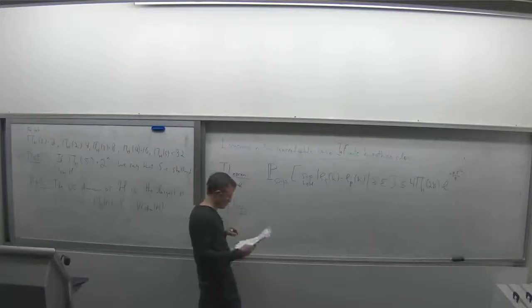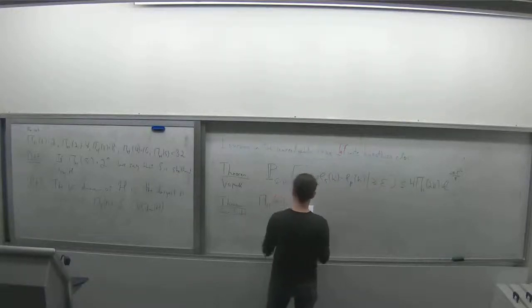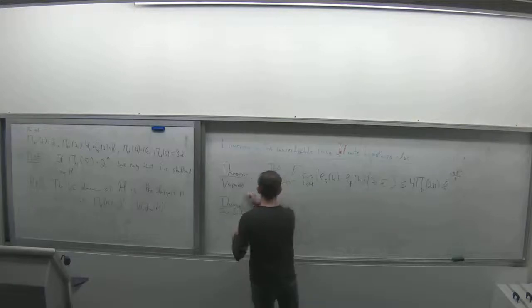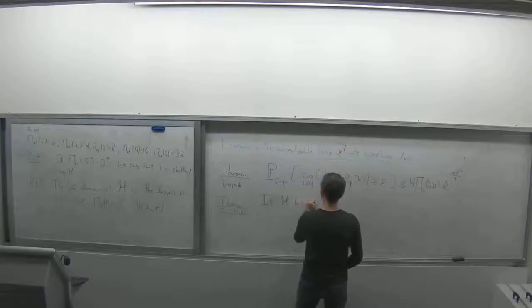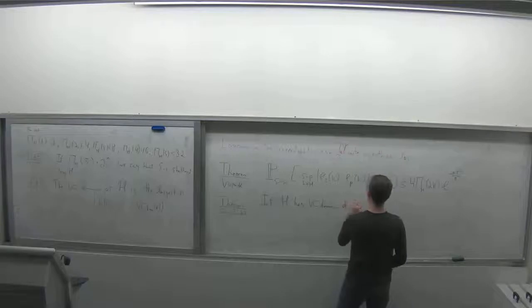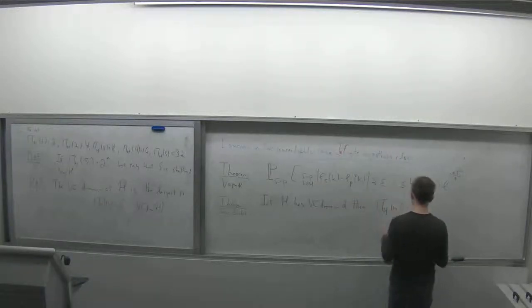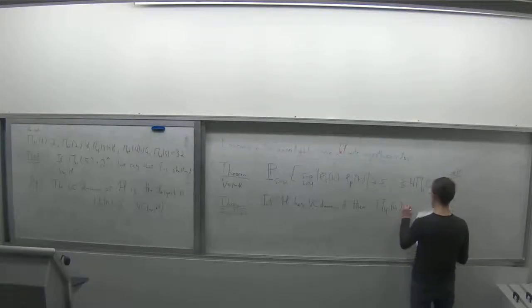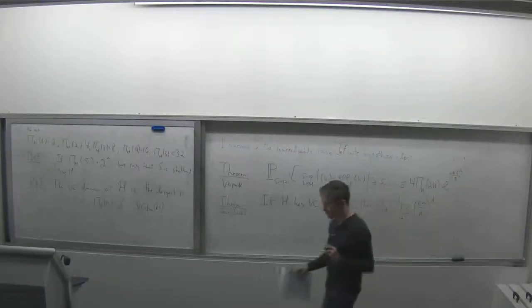The result of interest to us is: if H has VC dimension d, then pi H n, the number of different labelings that a sample of size n can have, is less than or equal to (e n over d) to the power of d. Okay?